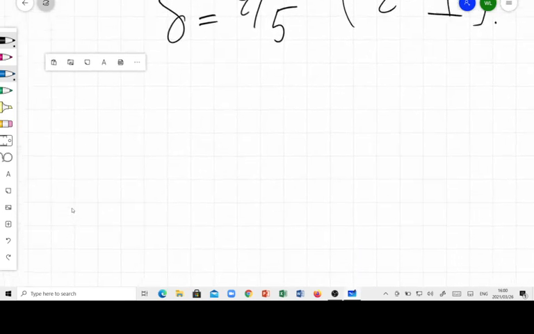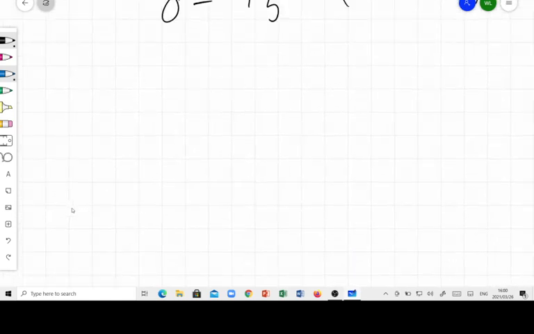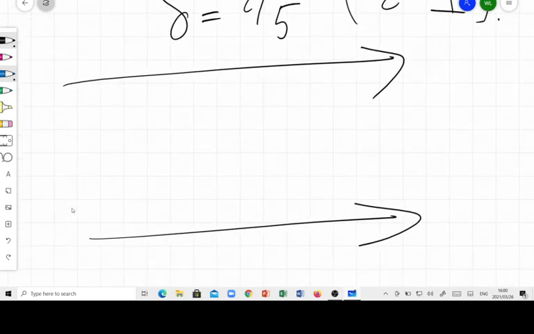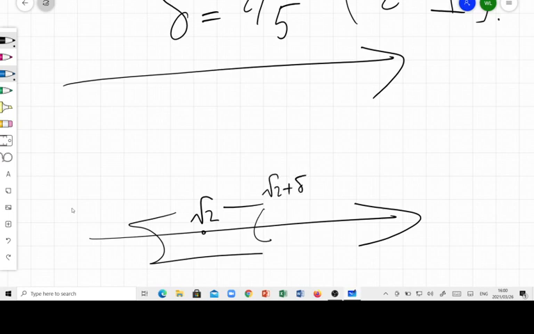So what is happening graphically is the following. Here's my mapping diagram. I've got square root of 2, and I've got some x which is within delta of square root of 2. So this is square root of 2 plus delta, square root of 2 minus delta, and my x is somewhere in between here.